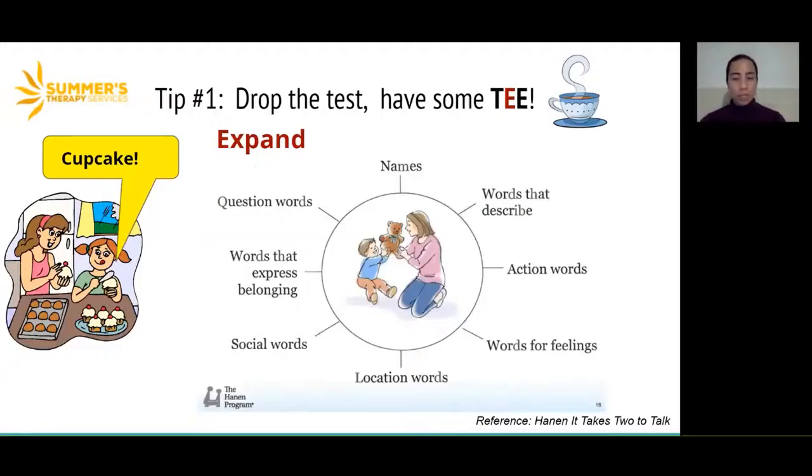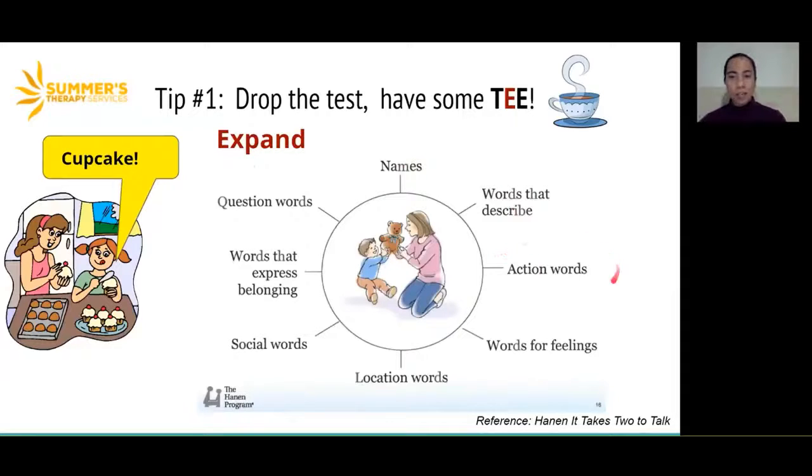We can expand it by using names. So chocolate cupcake, strawberry cupcake. We can expand it by using words that describe. So I know this is a favorite. We go the color of the cupcake, pink cupcake, blue cupcake, brown cupcake, big cupcake, small cupcake, hot cupcake, cold cupcake.